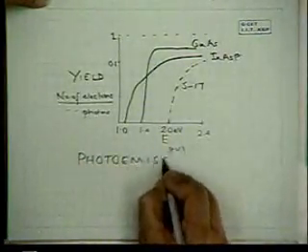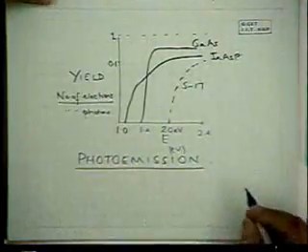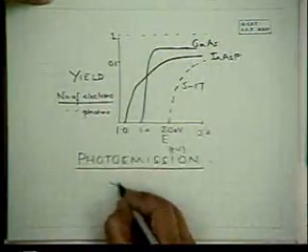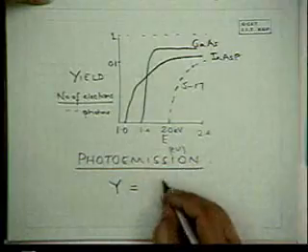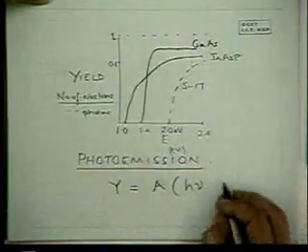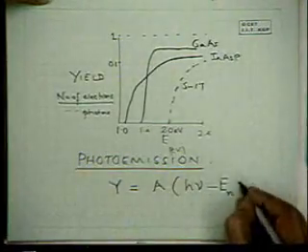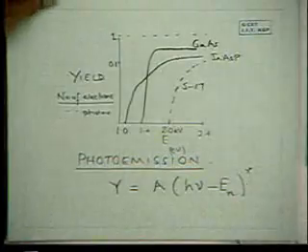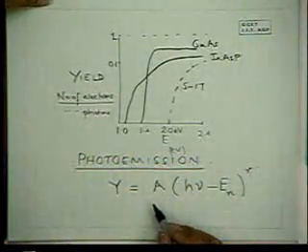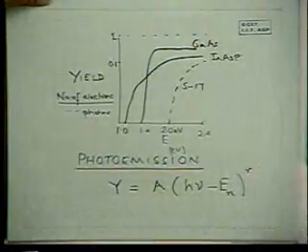As in the case of optical absorption, one can actually analyze what this yield is as a function of energy, h nu minus, say, some threshold, to the power r. Remember, the optical absorption has a behavior something like this, but here we are concerned with the external yield of electrons.